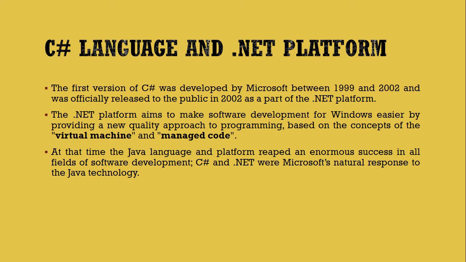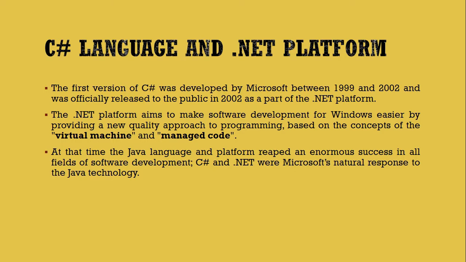C# launched in the .NET platform was developed by Microsoft between 1999 and 2002. The reason was that C# as a .NET platform developed by Microsoft is in response to Java technology.